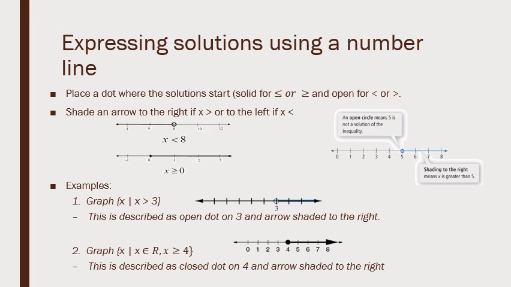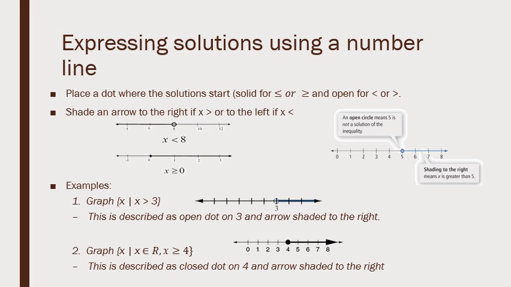Now, what's the difference between the open circle and the closed circle? Well, if you have a less than or equal to sign or a greater than or equal to sign, that little equal part means that the point that you're using as your boundary line is included. So that means you have to have a closed dot saying yes. If x is greater than or equal to 3, then it could be 3, and you need a solid dot showing that.